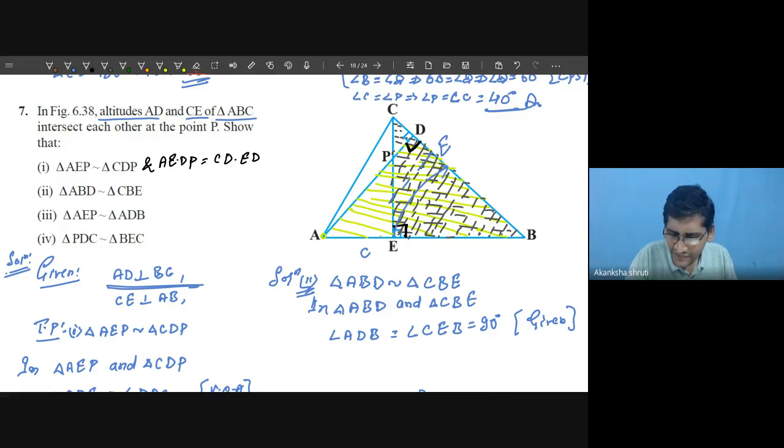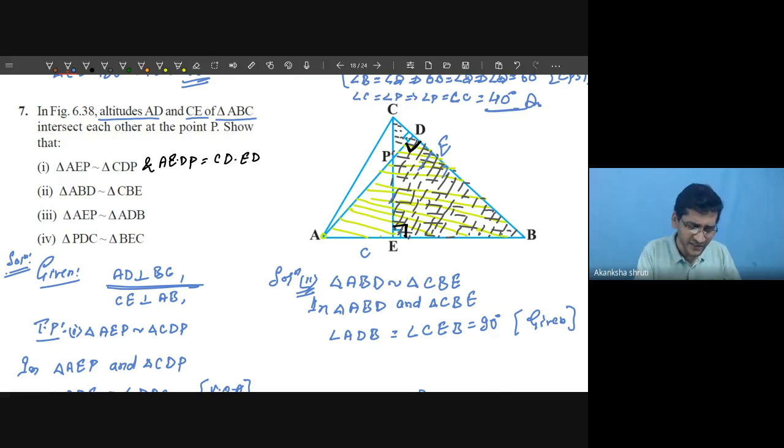So let us write that much. Take the angle B. Here the angle B is the single angle at one vertex, so no need to write angle CBE is equal to angle ABD.